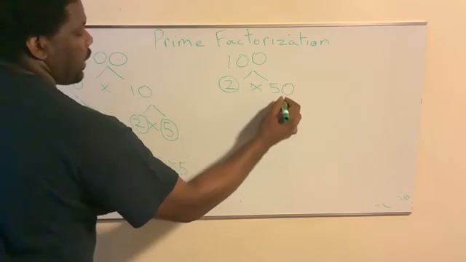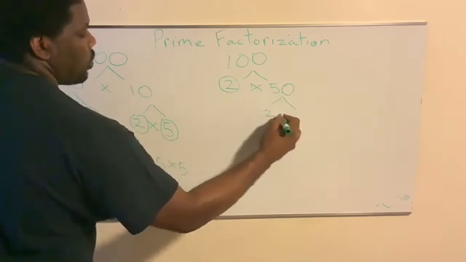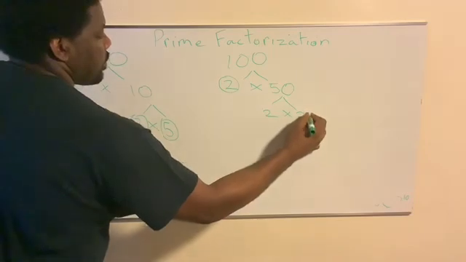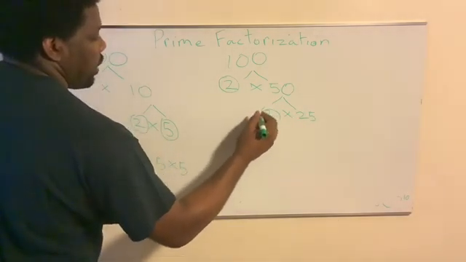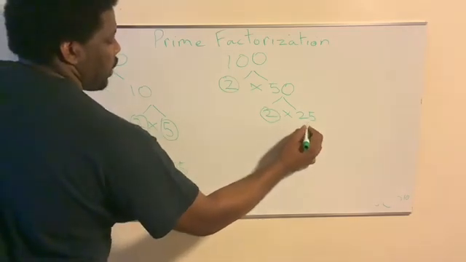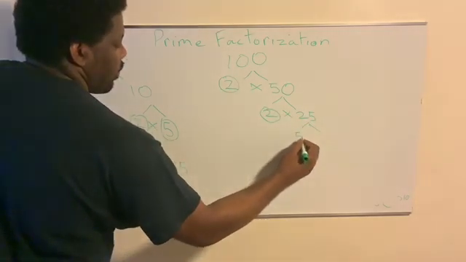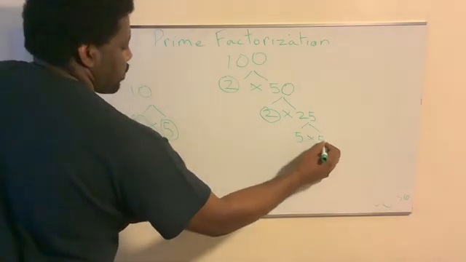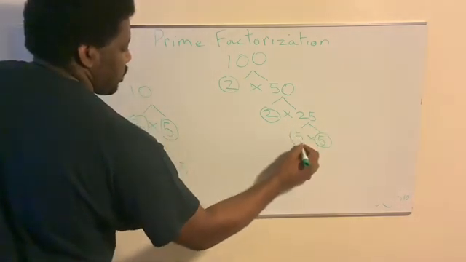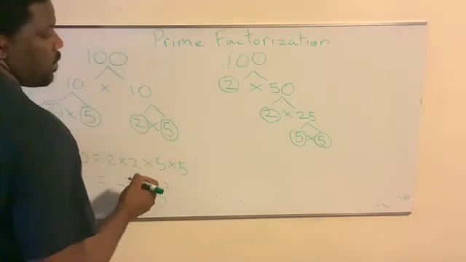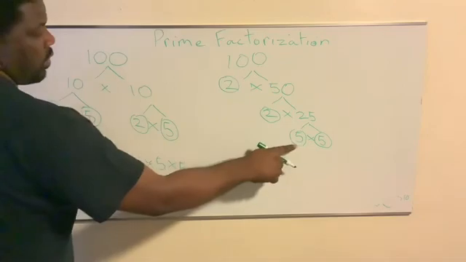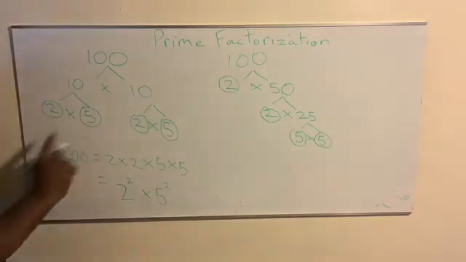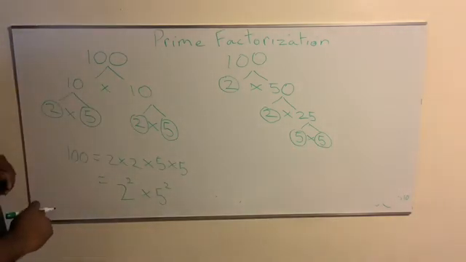I can use 2 again. 2 times 25. 2 is prime again, so we break up 25. 5 times 5. So we still end up with the same amount of prime factors, 2 2's and 2 5's, just like the previous factor tree. So it doesn't matter how we start, our result will be the same.